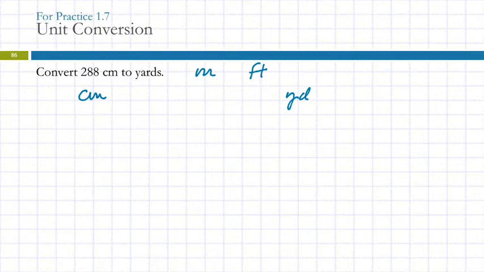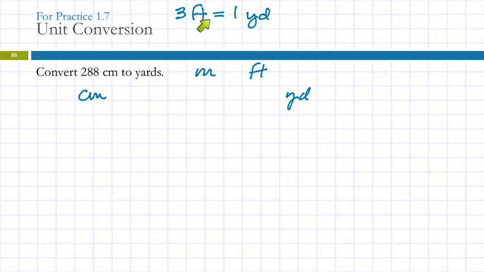So let's just kind of collect things that we know. There's 3 feet is equal to 1 yard. Anybody know the relationship between a meter and a yard? I don't. I know meters to centimeters, but meters to yards, I don't know, so it's not going to be very helpful to me.